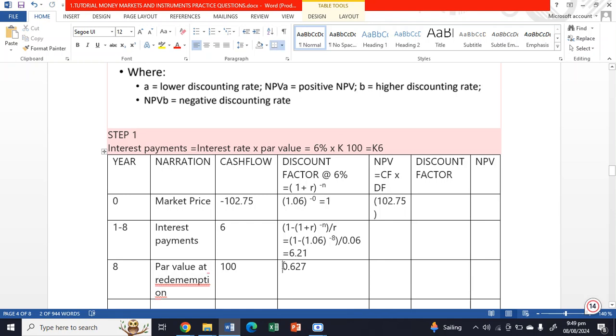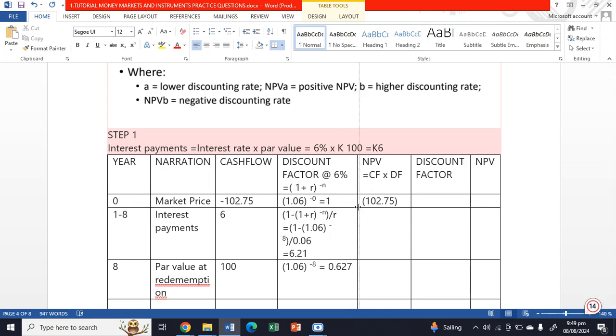Okay. Year 8, you're going to say 1.06 to the power negative 8. That gives you 0.627. So to get our present value here, it's just the cash flow times the discount factor. So negative 102.75 times 1 gives you negative 102.75. 6 times 6.21.